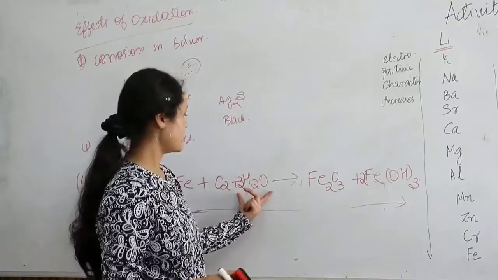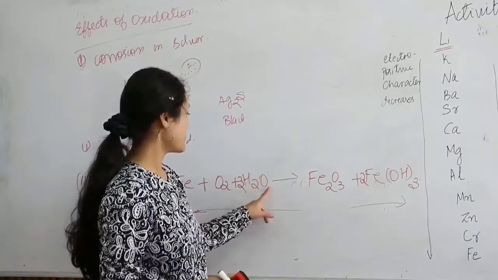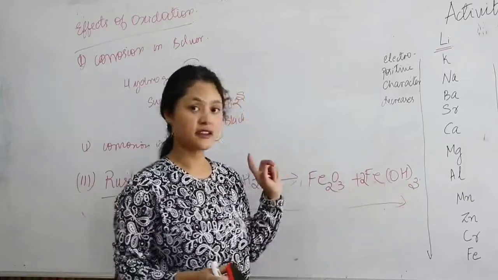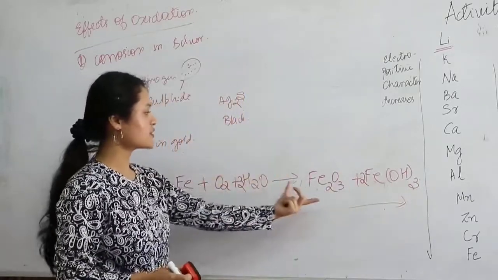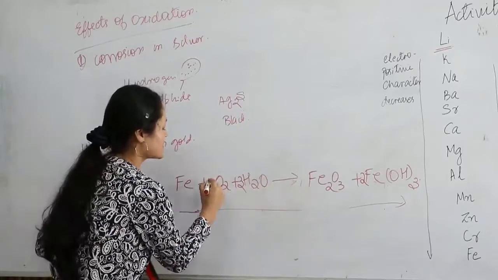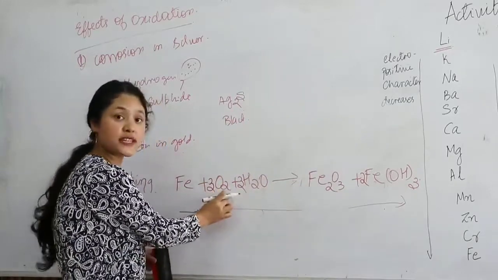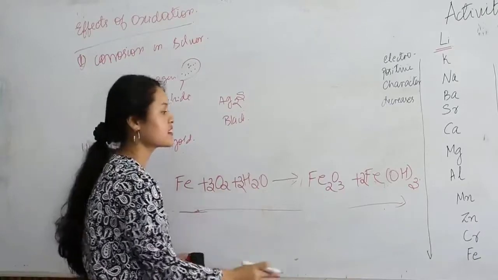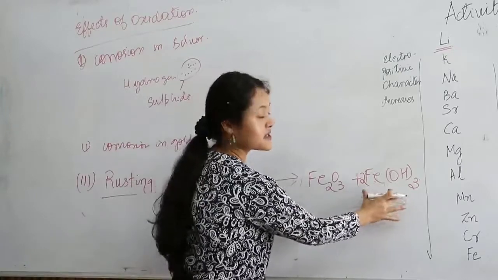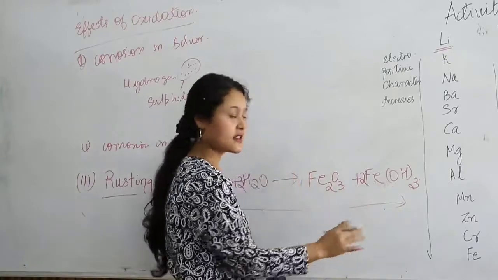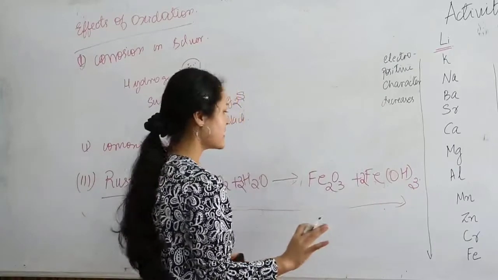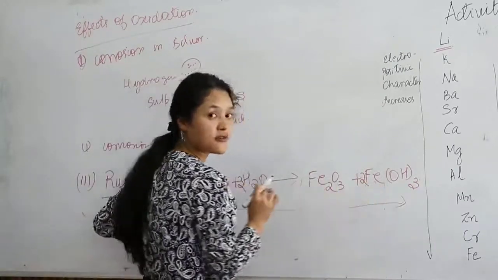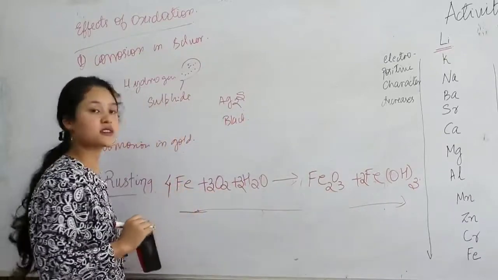See for oxygen, here there are 3, 4, 5, and here there are 2, 3, 6, 7, 8, 9. There are 5 here. How to make 9? Just add 3 here. 3 into 2 you will get 6. Add this 3 oxygen and you will get 9 oxygens. And here also 3 plus 2 into 3, 6. 6 plus 3 you will get 9. So 9 oxygens. So oxygen is balanced. Let us see for iron. Here there is only 1 iron. Here 2 plus 2 you will get 4. Just add 4 here. So this equation is balanced.